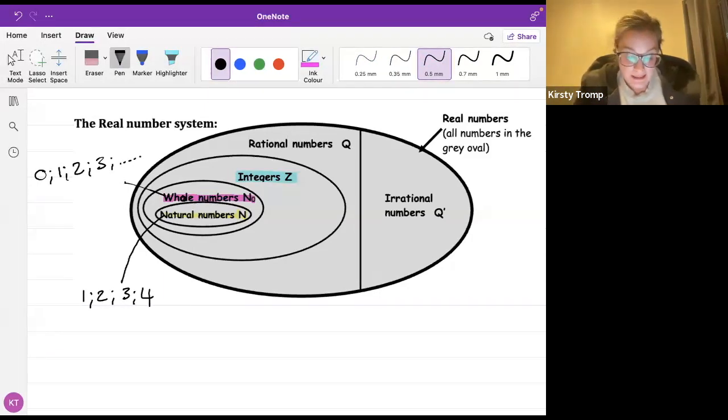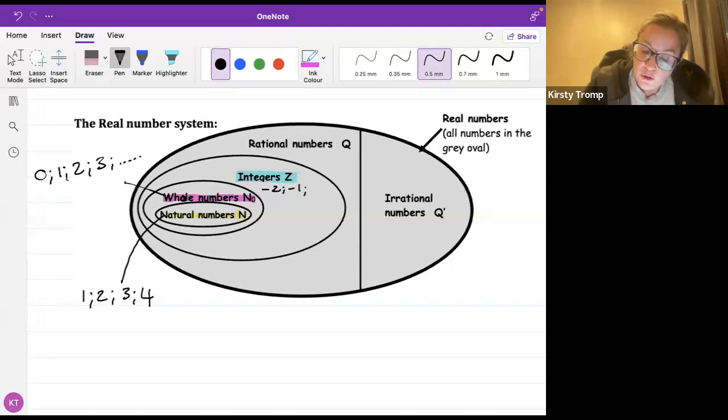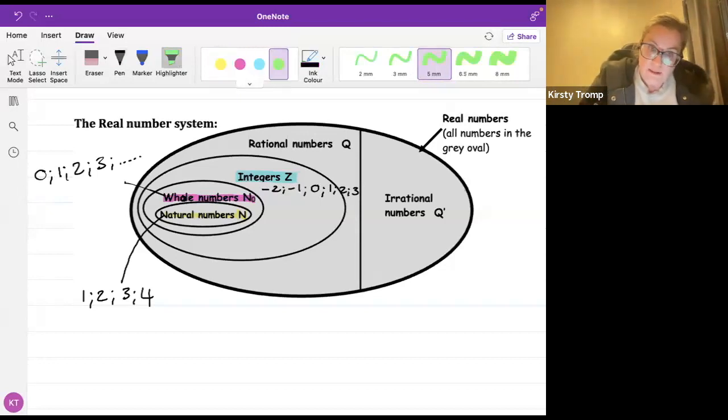Integers means anything that's a negative number, so -2, -1. It also includes 0, and it also includes 1, 2, 3, 4, 5, 6, 7, 8, 9, 10, etc. Good, Abu, it's positive and negative numbers.